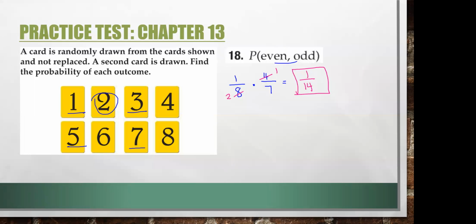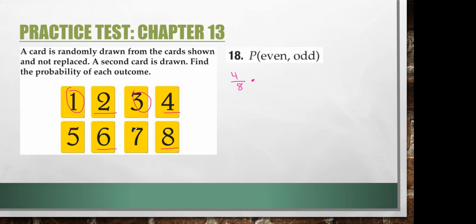All right, so then the probability of getting an even number and then an odd number. So the probability of getting an even number, there's 1, 2, 3, 4 even numbers out of a total of 8 cards. And then there are 1, 2, 3, 4 odd numbers. But now since we're not replacing the card, there are only 7 cards.